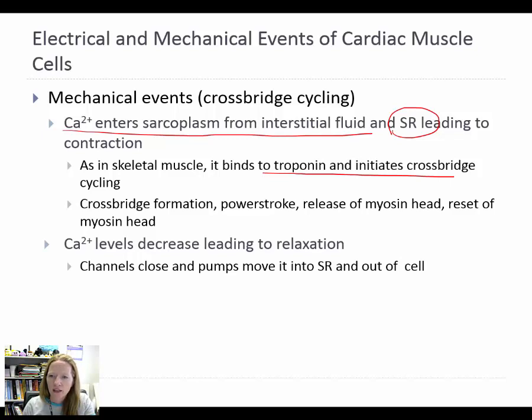And then another thing that happens is that the sarcoplasmic reticulum can reuptake the calcium. So remember, once you have calcium levels decrease, that's going to allow your muscles to relax after that. So that is the beauty of the electrical and mechanical events that are happening here at the cardiac muscle cells and how they're actually contracting.